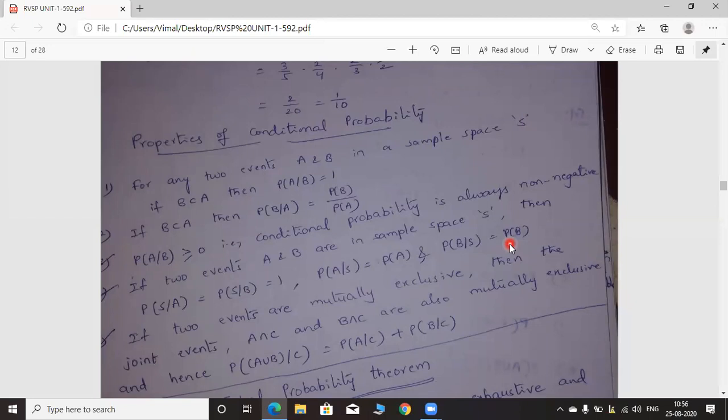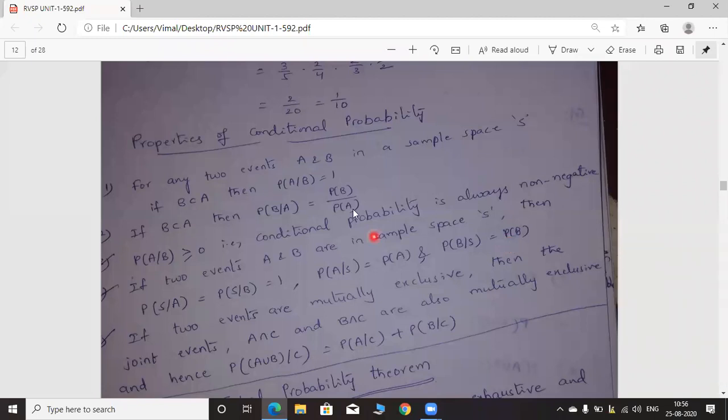What is meant by mutually exclusive events? In the previous class, I told you the definition. If two events are mutually exclusive, then the joint events are also mutually exclusive. This will be proved later, in the next classes.